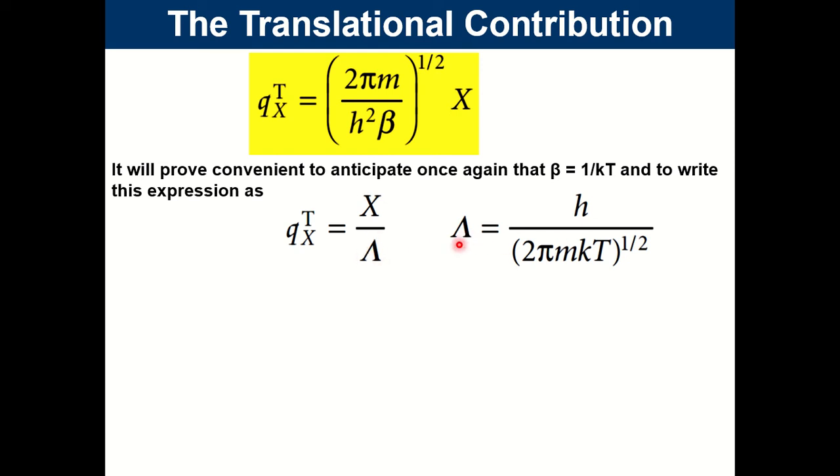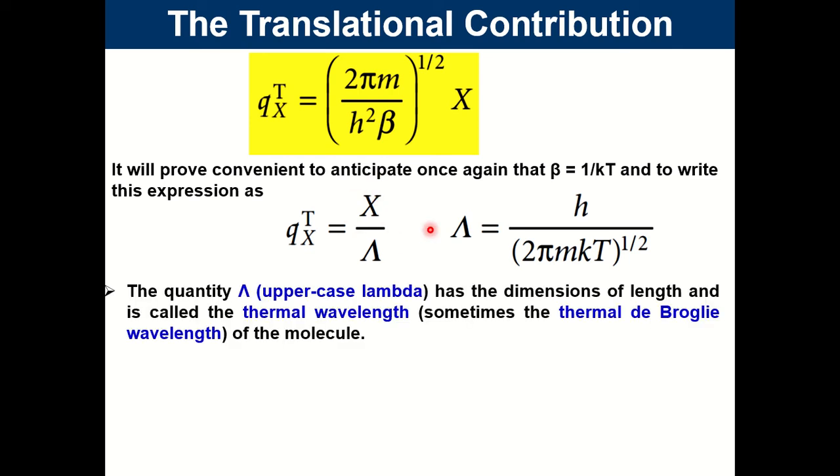This is called the thermal wavelength. So x, a distance, divided by a wavelength, both have the same dimensions. So that's how we get it in a dimensionless form, the overall function. This is the uppercase lambda that we talked about.